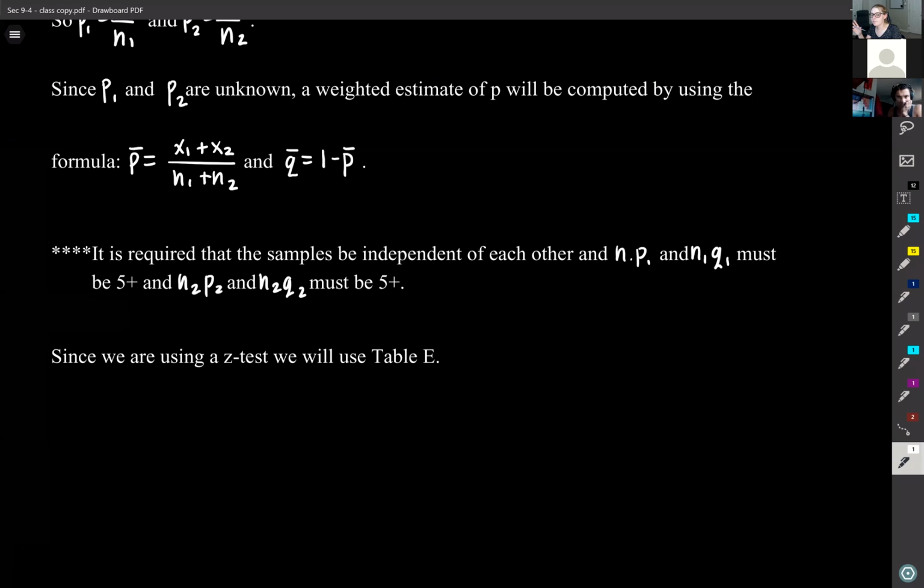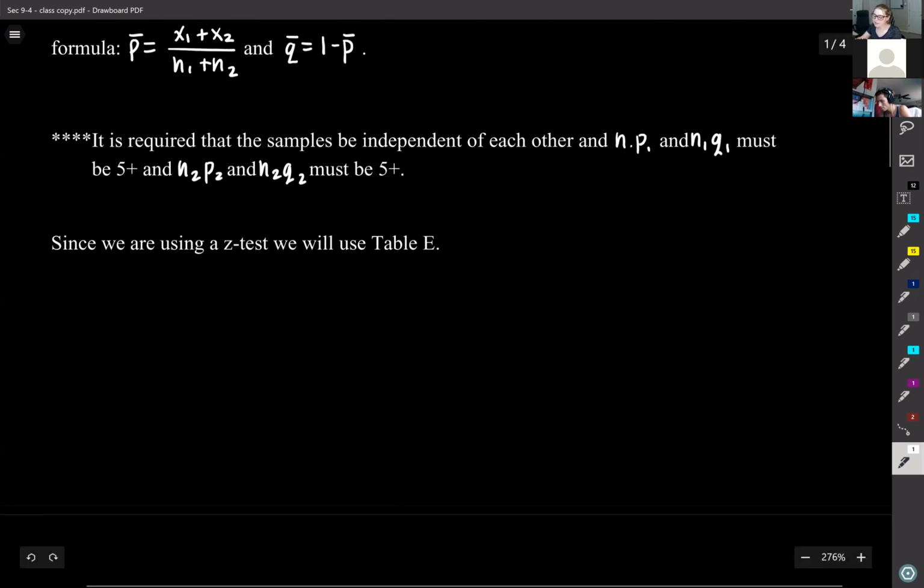I am never going to give you a problem that this doesn't work for. So I'm never going to give you something that doesn't meet this criteria that you have to somehow know, oh, I can't do this. This is just something the textbook says, just so you know, this is required to do this process, but I'm not going to give you anything where you have to check that it meets that criteria.